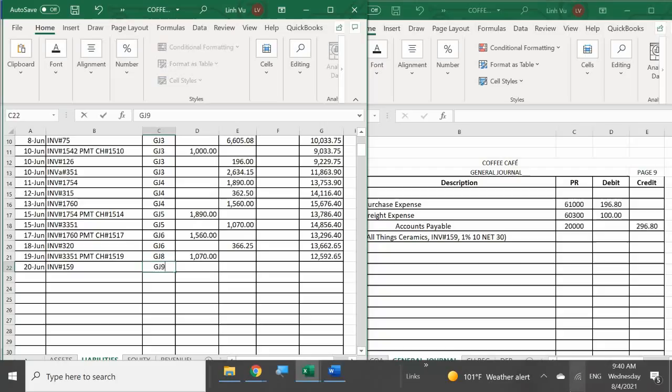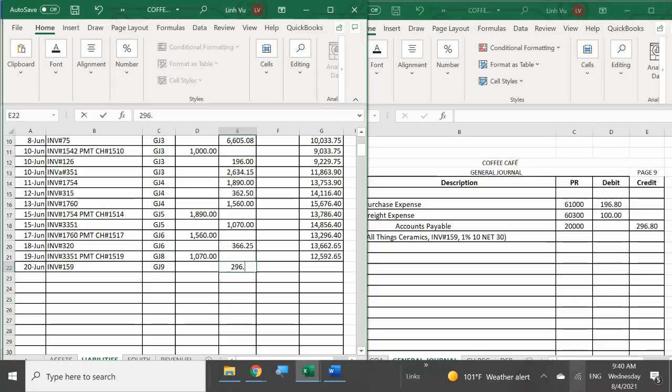Journal 9. I'm going to credit 269. Okay, wait a minute, 296.